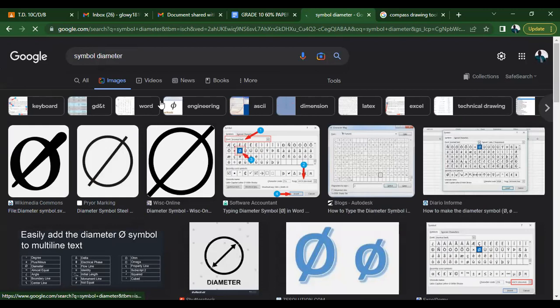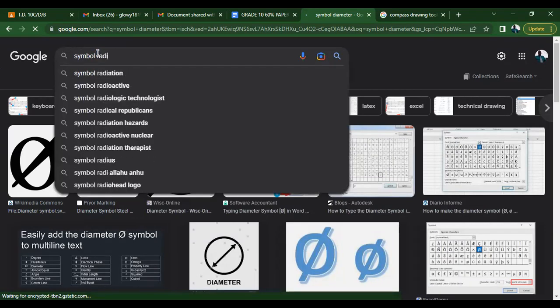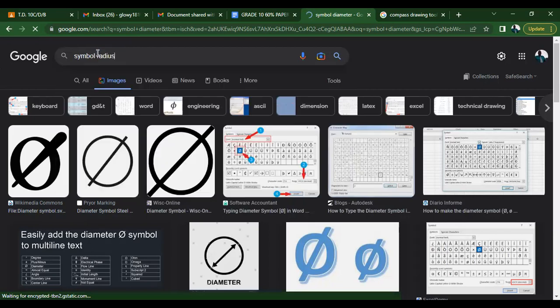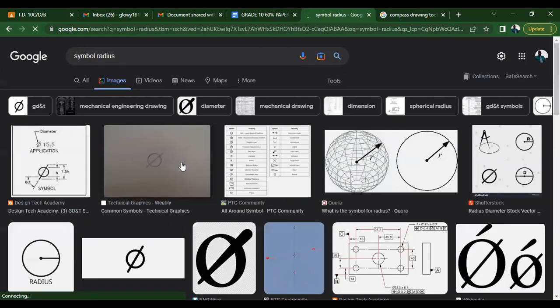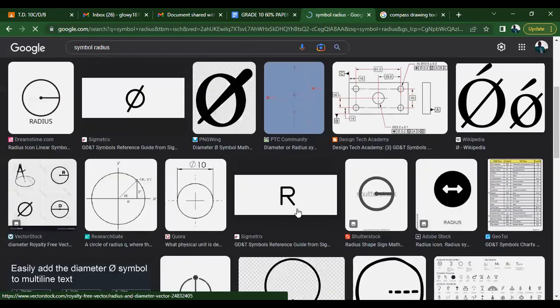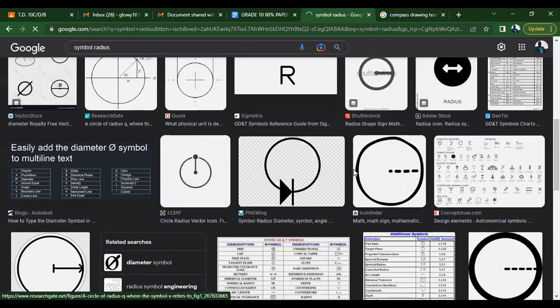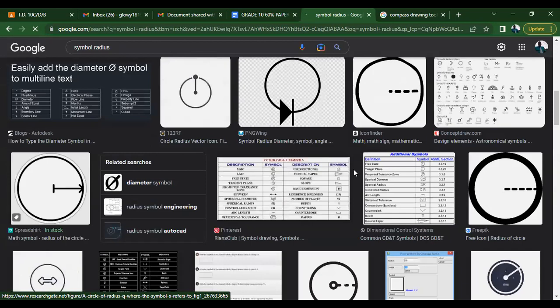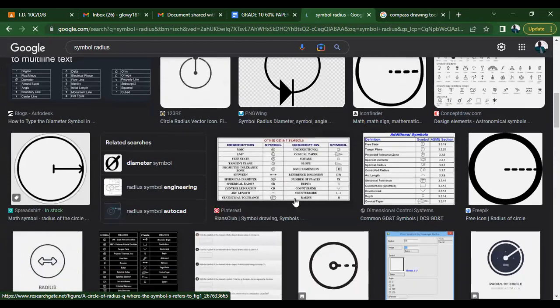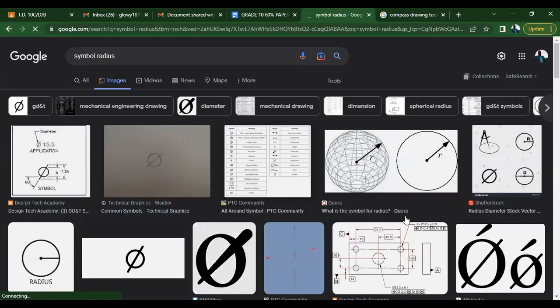And the symbol for radius is just a common R. See it over this side, a common R. That's the symbol for radius. And that's not only in technical drawing, but also in math and geometry, right? Symbol for radius is R, the letter R.